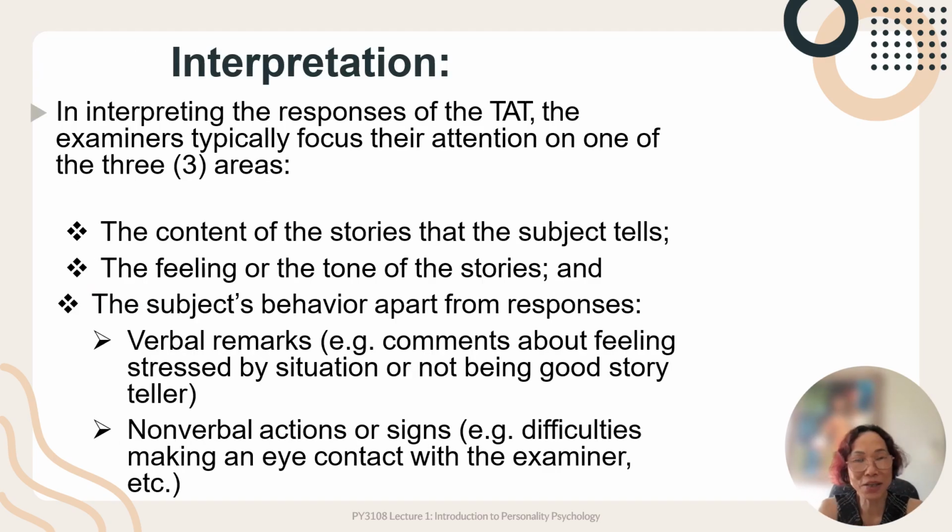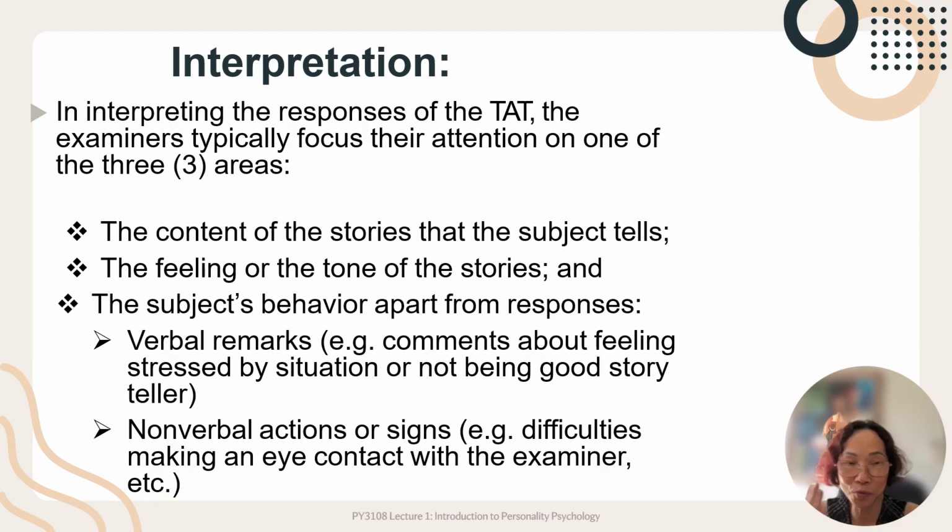In the interpretation of the responses of the TAT, the psychologists or the researchers or examiners typically focus their attention on one of three areas: the content of the stories, the feeling or the tone of the stories, and the subject's behavior apart from responses. For example, the tone of the story is positive or negative, and also the subject's behavior, the hero's behavior.